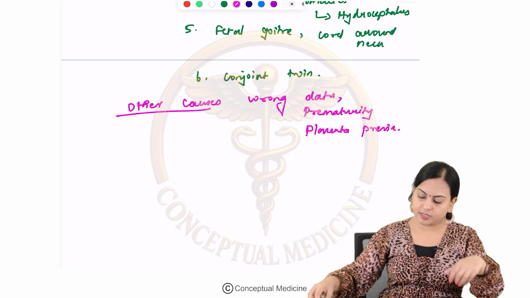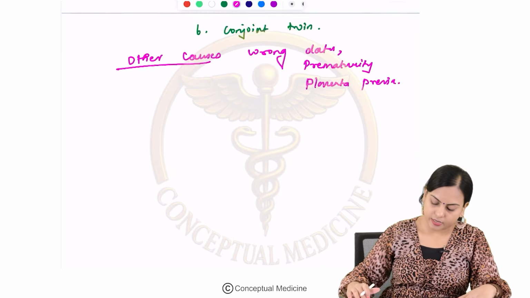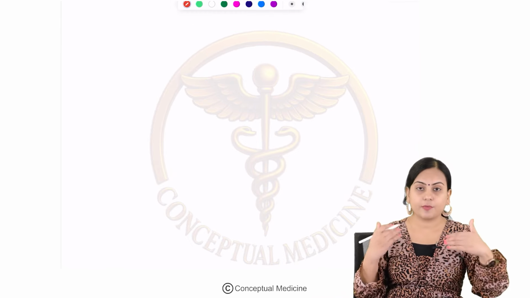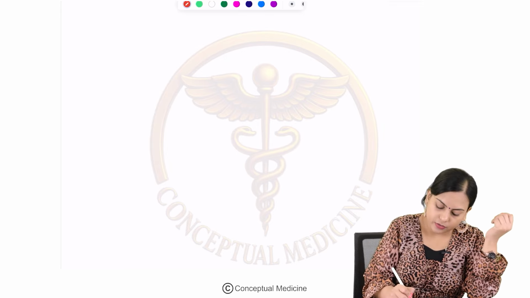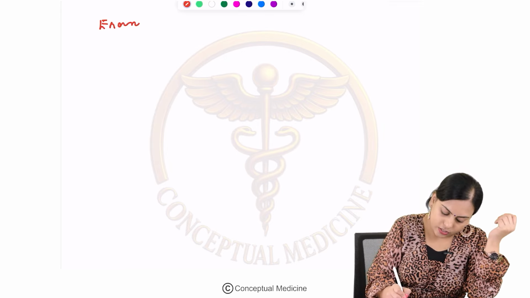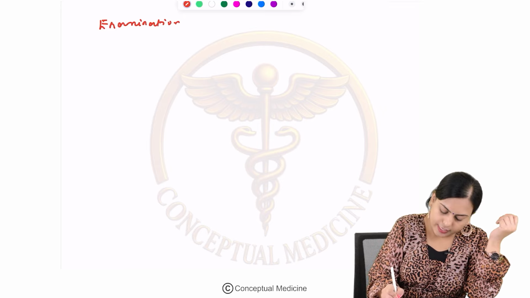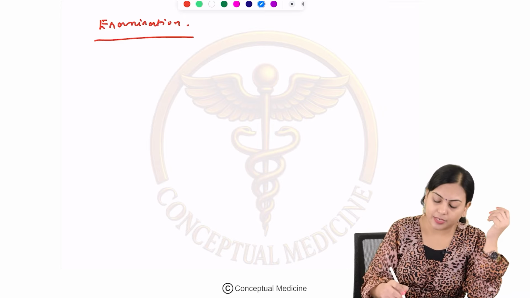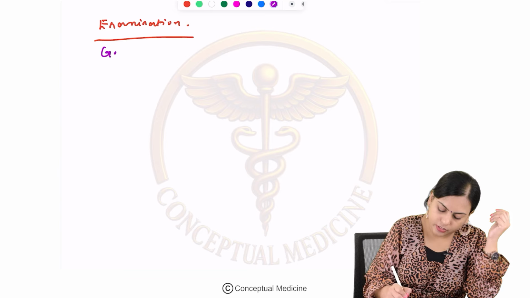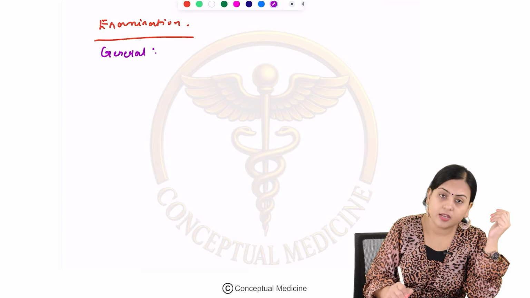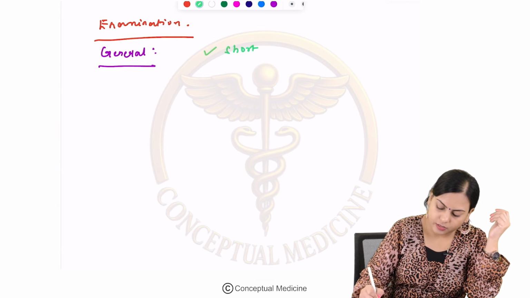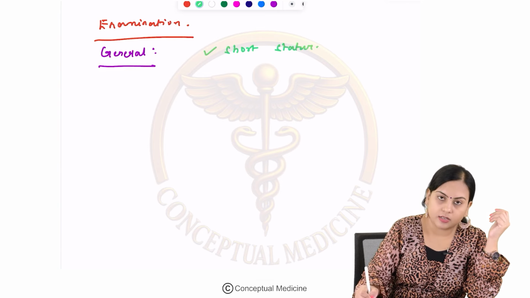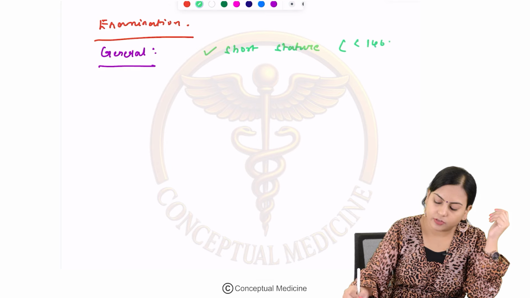Clear? Yes. Okay. Now, when there is cephalopelvic disproportion, what will your examination findings be? So, on examination, especially when you are doing a general examination, what are the findings you may find? The patient will have a short stature, that is less than 146 centimeters.